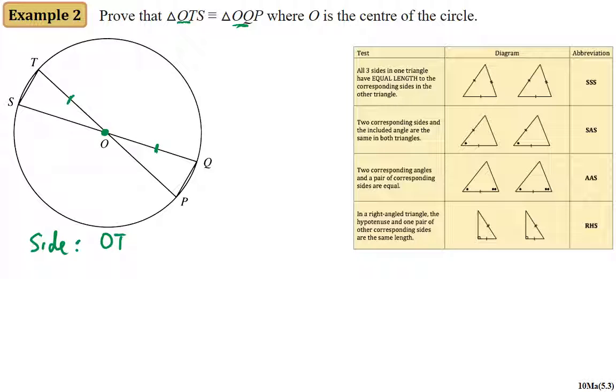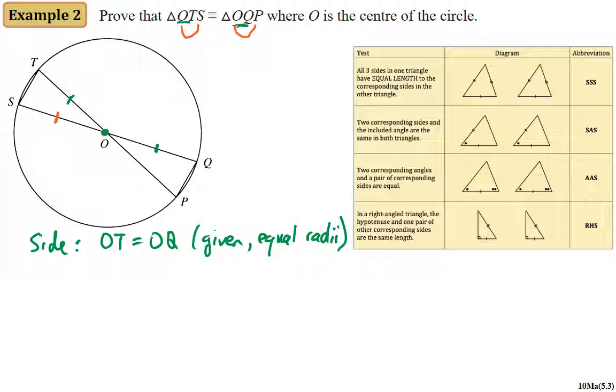OT equals OQ, given, because they are equal radii. Now the second thing that it tells us is that if I look up the top here, the first and the last, OS, first and the last, OP, they match up.